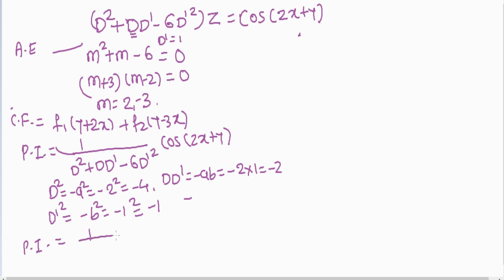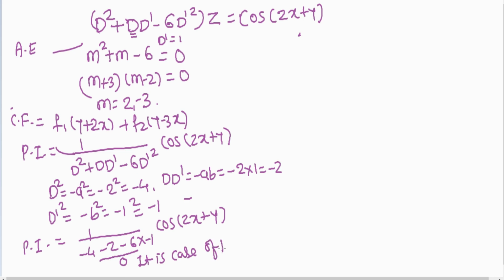Particular integral equal to 1 divided by (minus 4 minus 2 minus 6 into minus 1) cos of (2x plus y). 6 into 1 will be plus 6 and minus 6, so the denominator is equal to 0. So it is a case of failure.